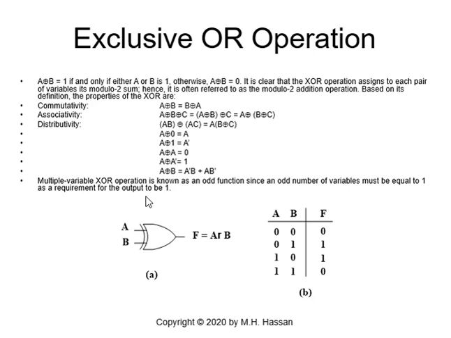Multiple variable exclusive OR operation is known as an odd function, since an odd number of variables must be equal to 1 as a requirement for the output to be 1. So if we have n variables, we will need an odd number of variables equal to 1.